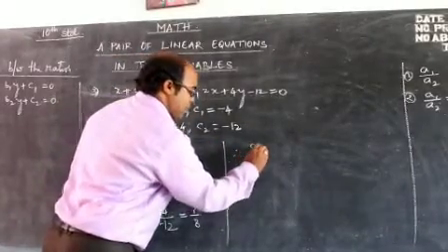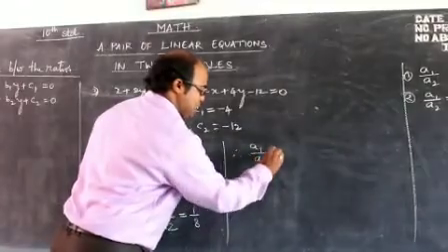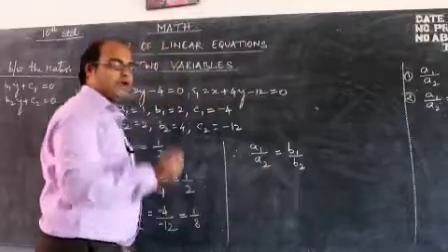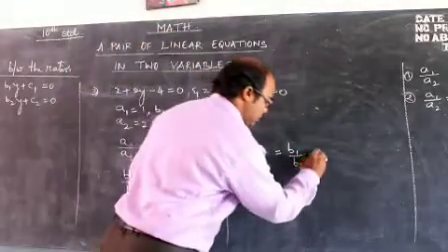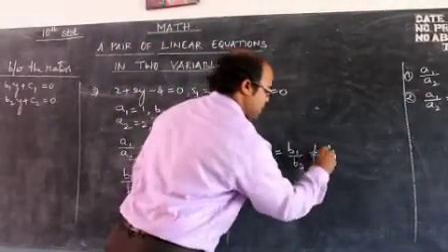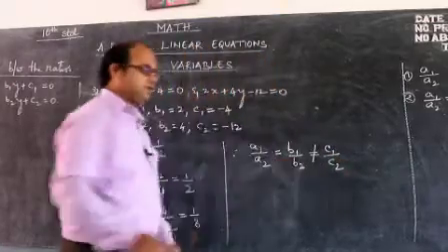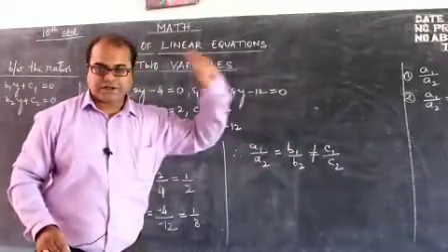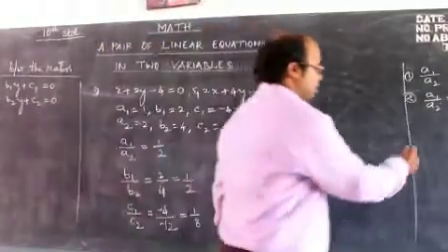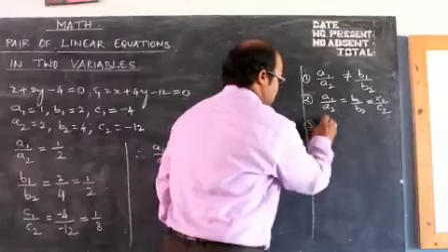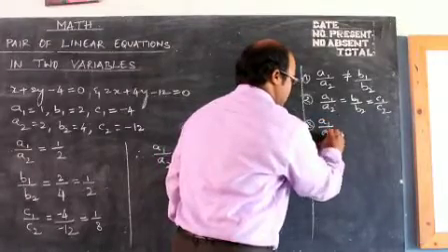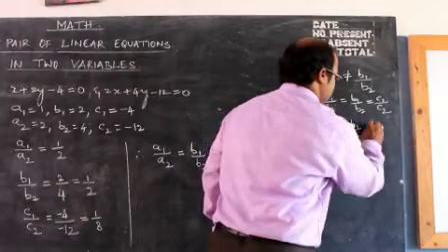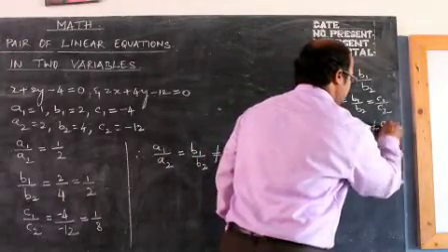Therefore, A1 divided by A2 is equal to B1 divided by B2, but it is not equal to C1 divided by C2. This is the third relation.